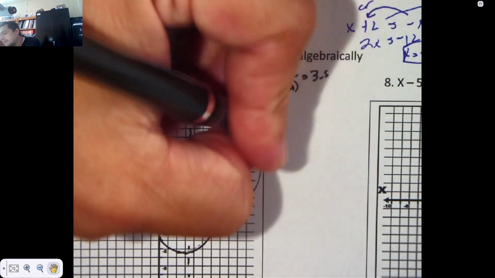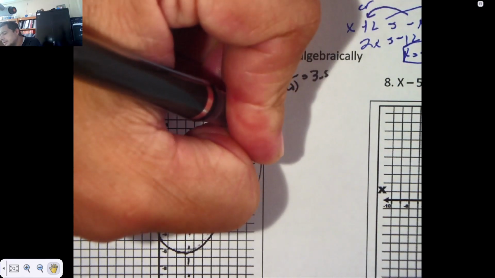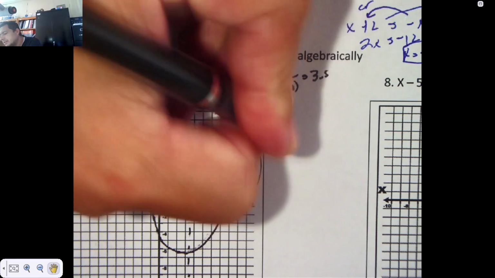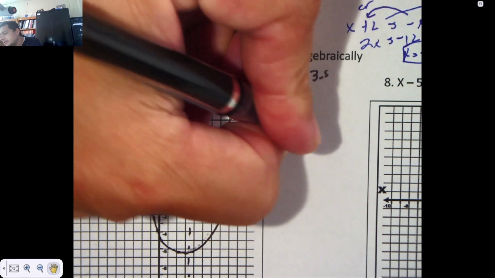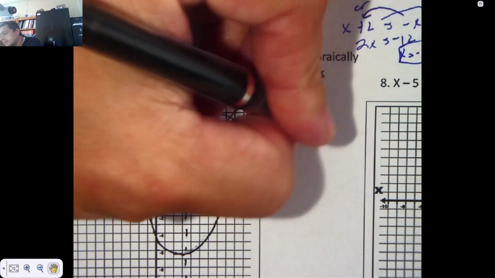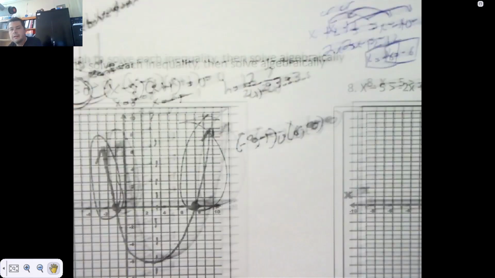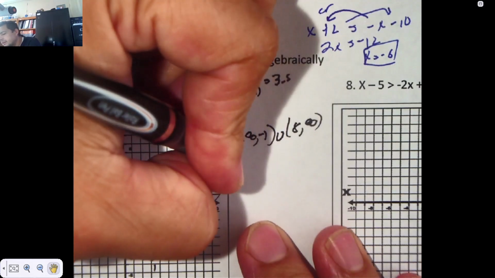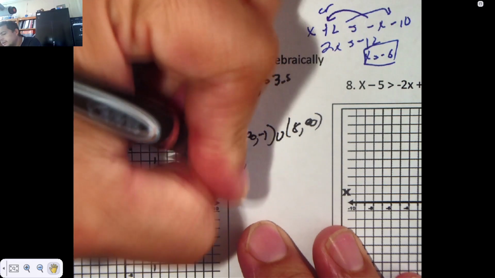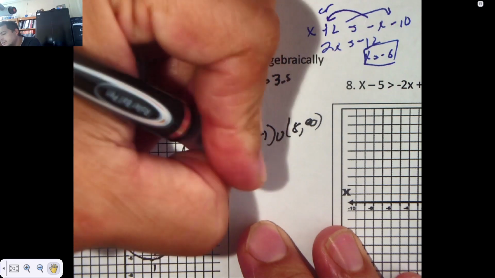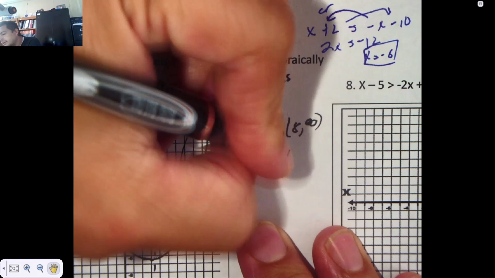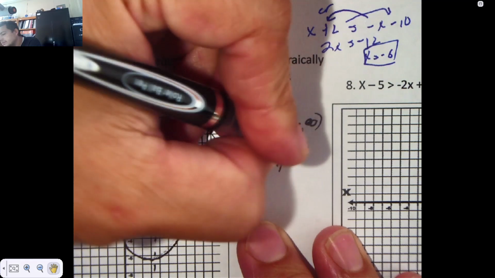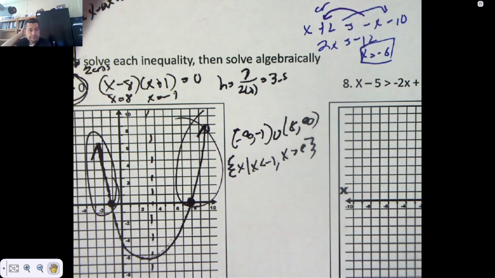So for my graph, I can do something like -infinity to -1, union with 8 to infinity. Or if I love set builder notation, I can say all values of x such that x is less than -1 or x is greater than 8. I can do things like that.